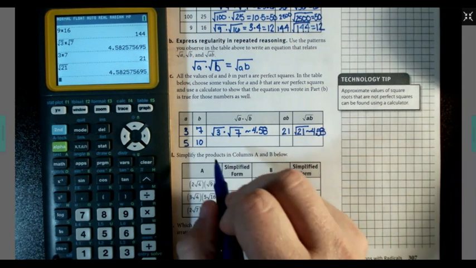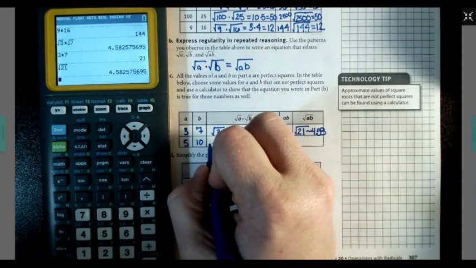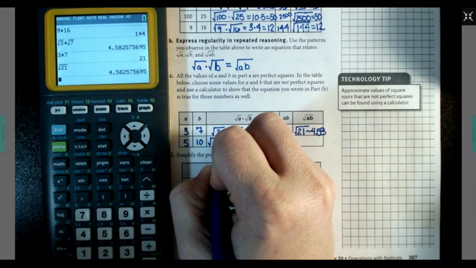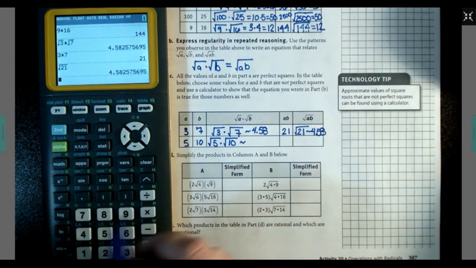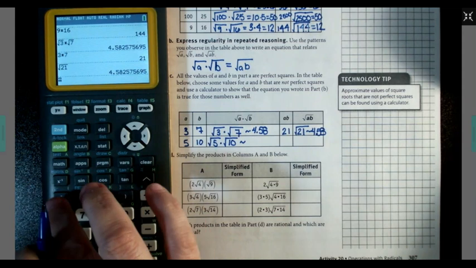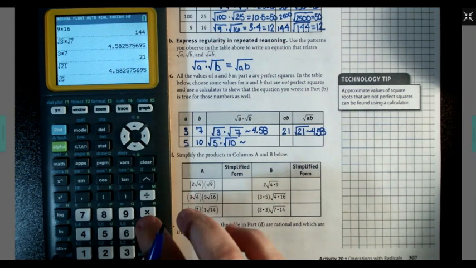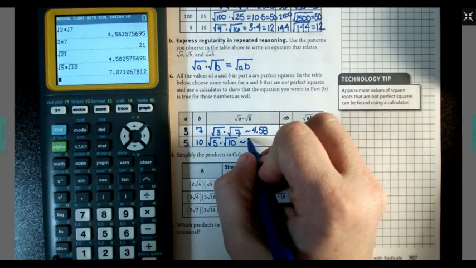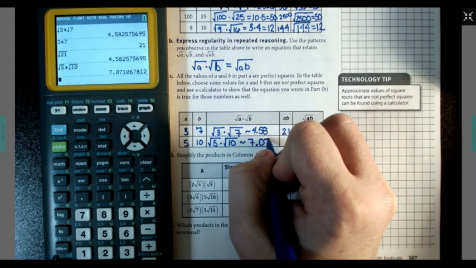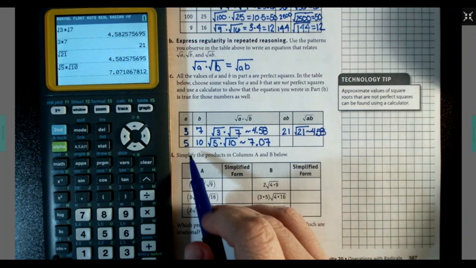Let's take a look here at line 2. Square root of 5 times the square root of 10 gives me approximately 7.07. What is 5 times 10?